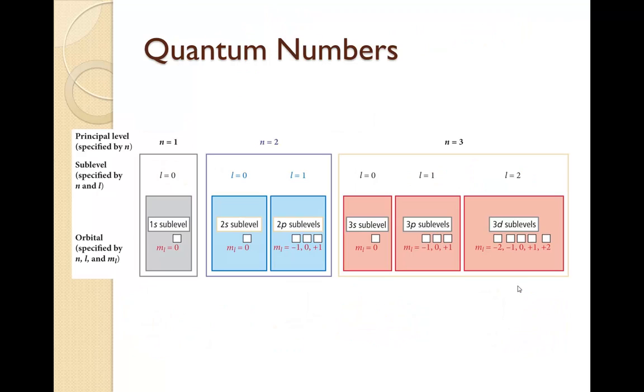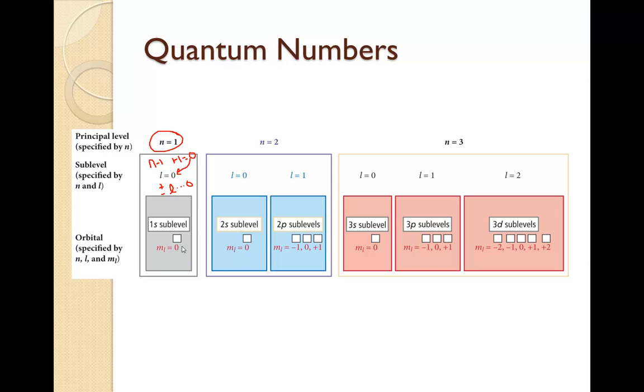Alright, so let's break it down and look at the numbers and focus on those. If N is equal to 1, that means L is N minus 1, so 1 minus 1 is 0, and that's how we got this number here. And then M sub L is plus or minus L down to 0.